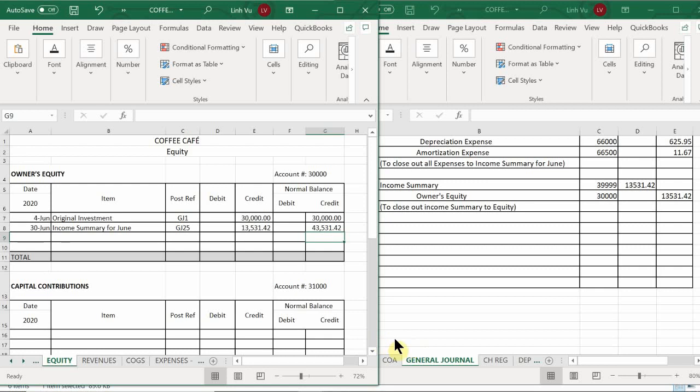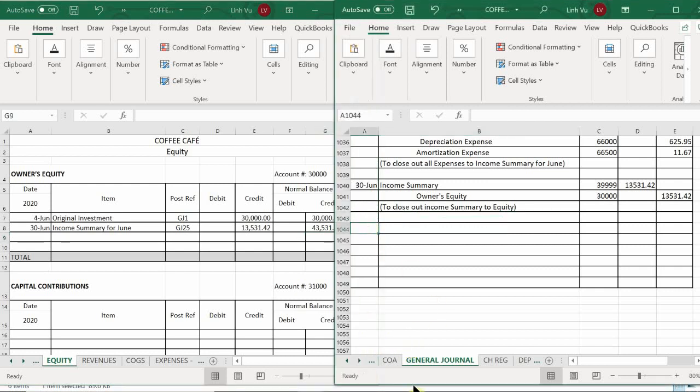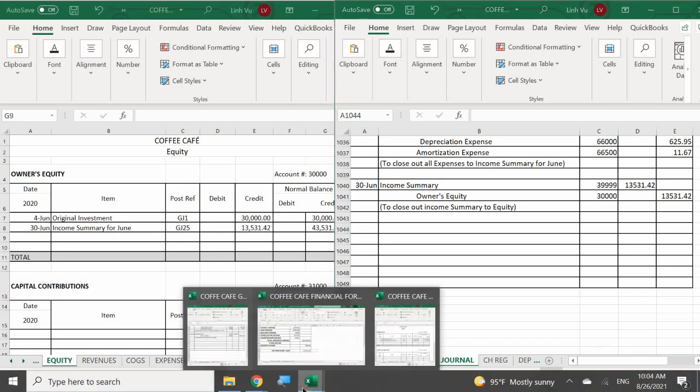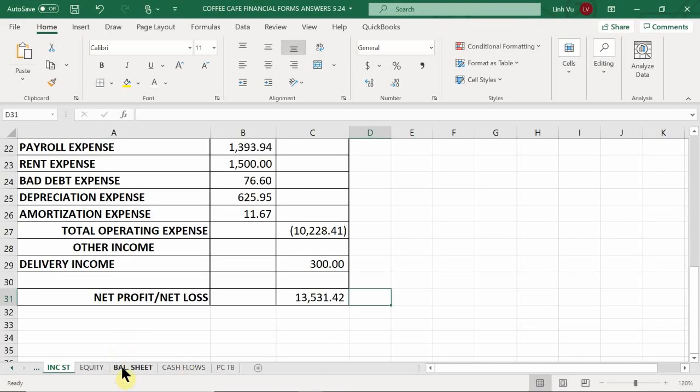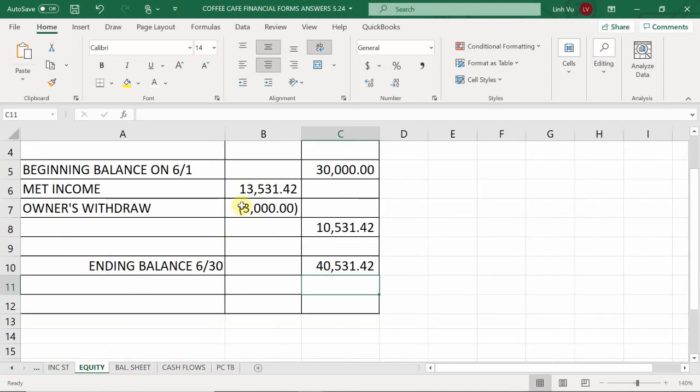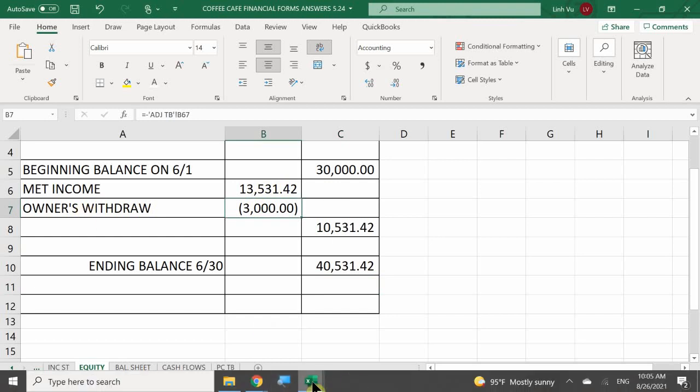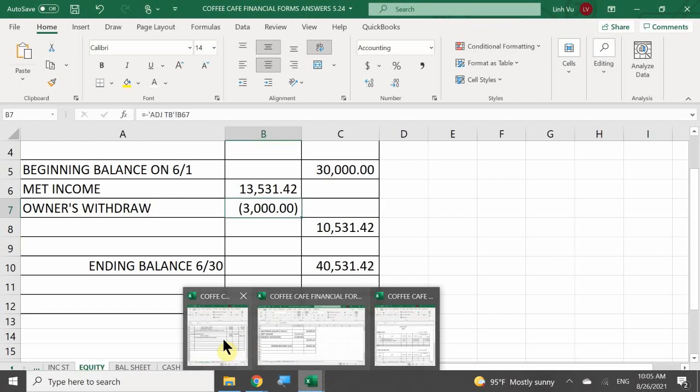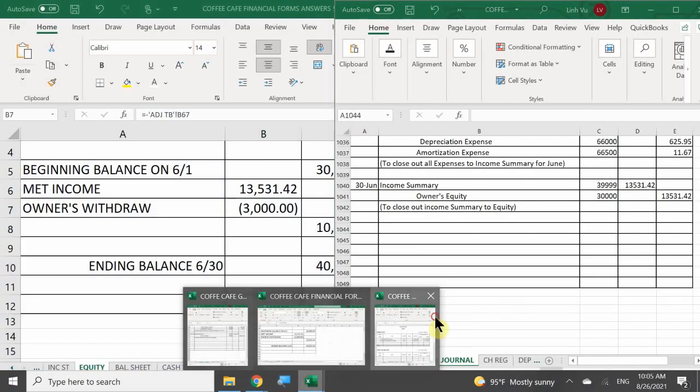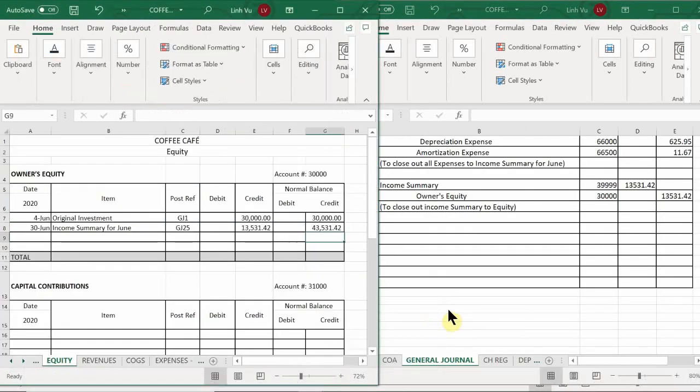And what is that? If I go to my statement of equity, I have one missing component to get me to my 40,531.42. And that is the owner's withdrawal, because we ended up taking money out from the company, and we need to include that and journalize that.